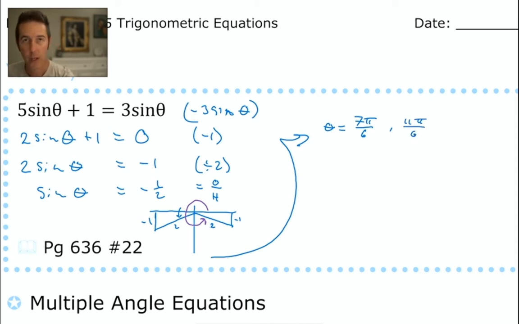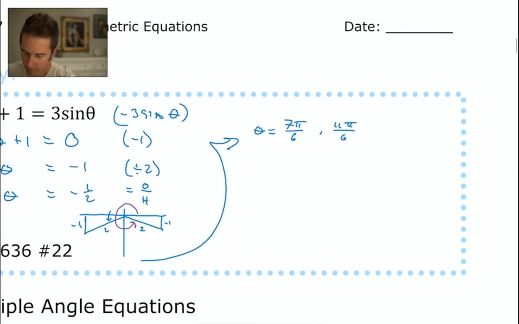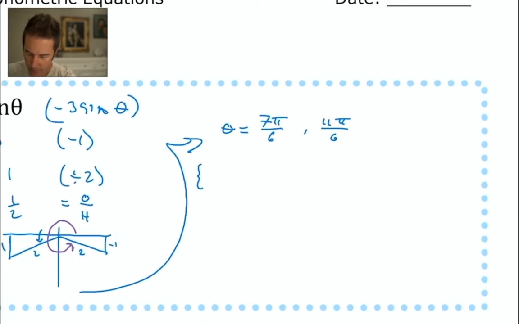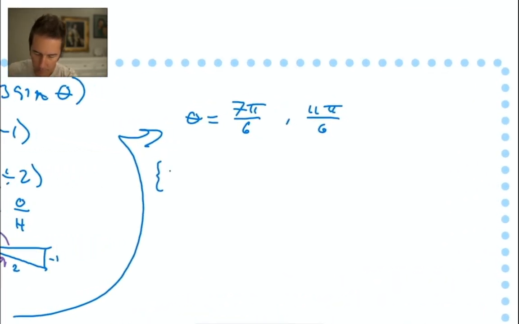And those are the 2 angle measures that we will use in a final answer that looks a lot like the very first final answer that we did at the top of page 1. So our solution set is going to be a set of, in this case, theta values, such that theta is equal to 7 pi over 6 plus integer multiples of 2 pi.